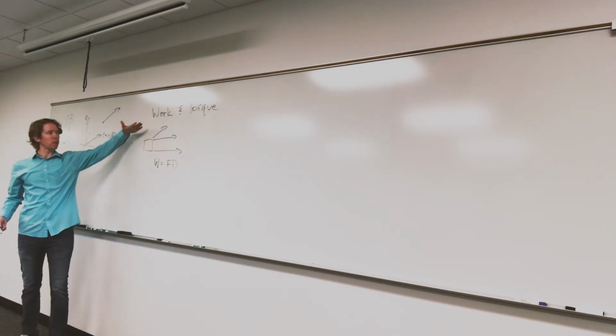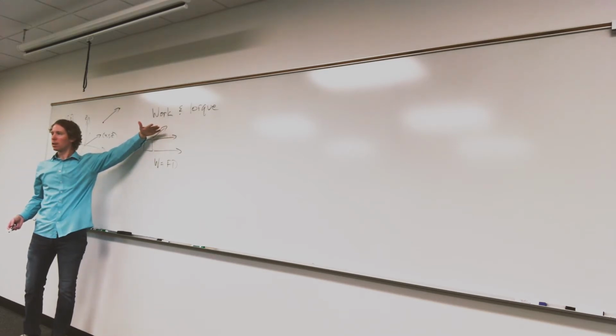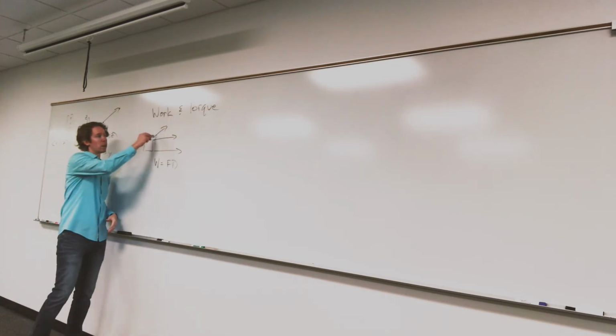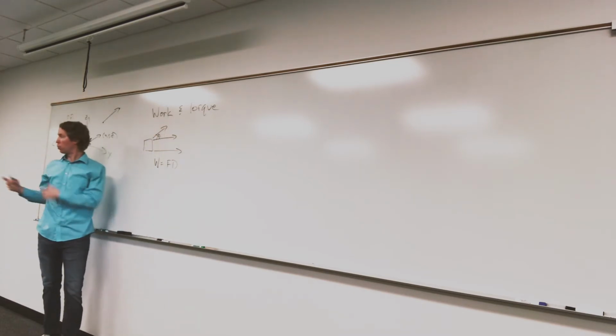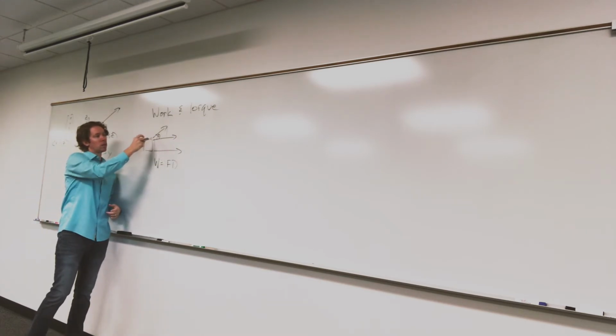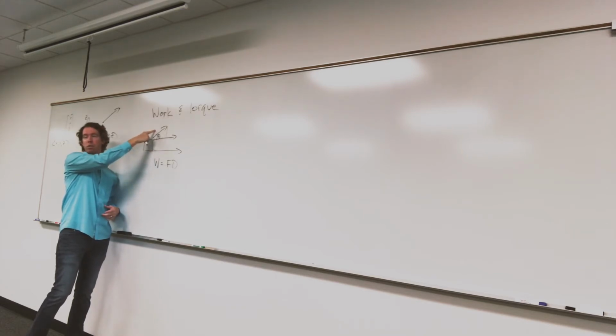What do we do if the force is moving in a different direction? The direction of the angle cosine. Okay, good. This angle comes into account, and we'll need to use the cosine of that because the cosine of the angle is this side divided by the hypotenuse. The hypotenuse is the force itself, the magnitude of the force.